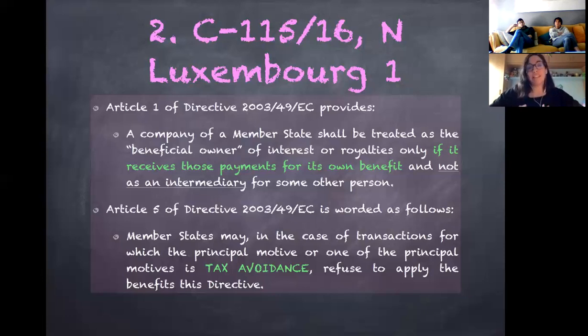So in general terms, the directive provides member states the possibility of not applying a withholding tax regarding the payment of an interest or a royalty, but it also permits member states not to apply these tax benefits when the main purpose of the operation, the payment of an interest for example, is tax avoidance, a scheme of tax avoidance or tax abuse.